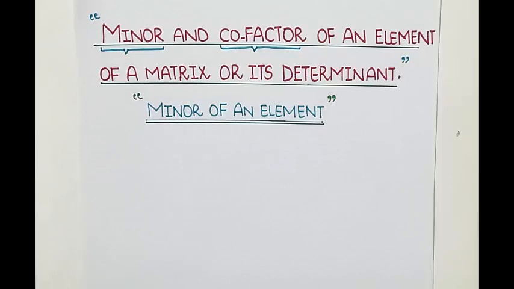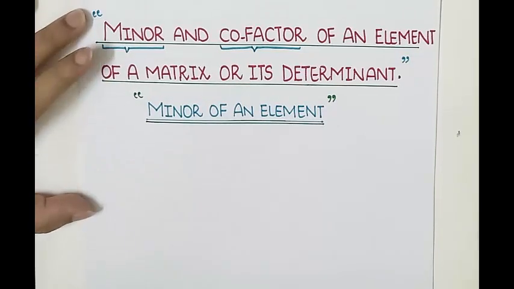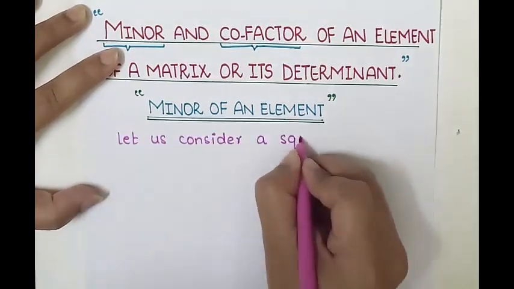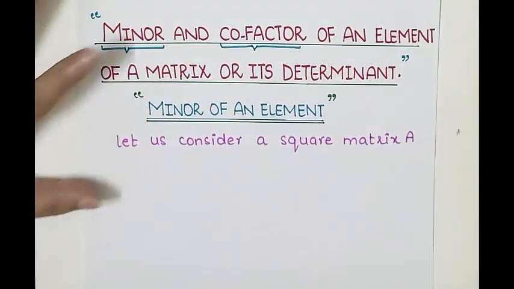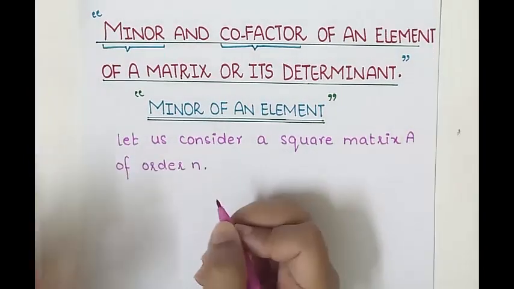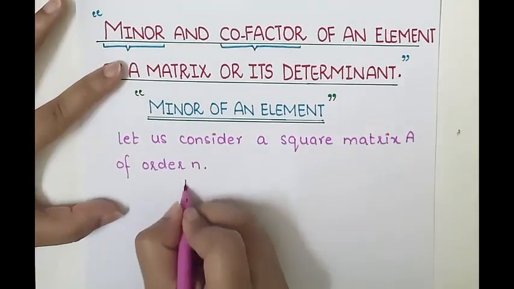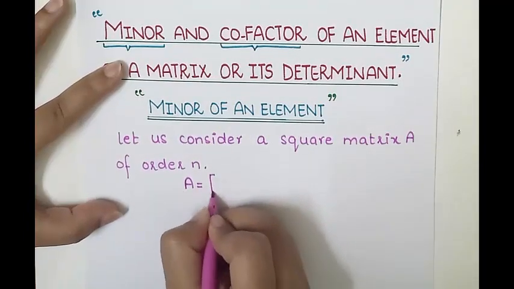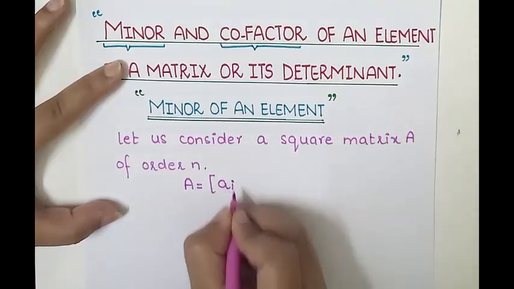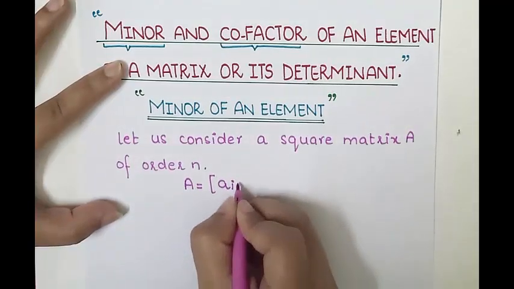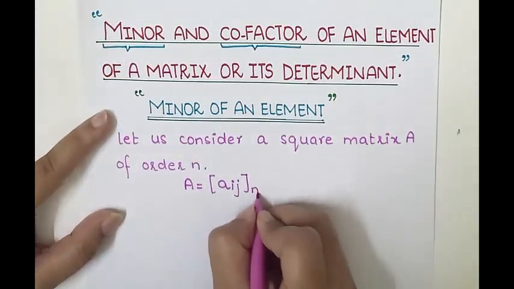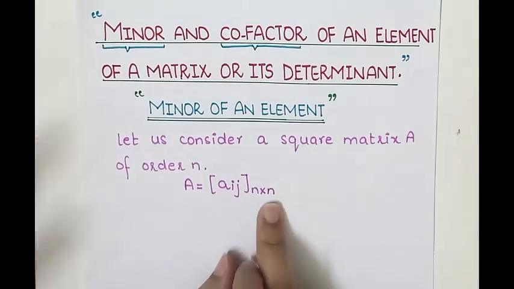Minor of an element. Let us consider a square matrix A, and we suppose the order of A is n. That is, we can write A as the element a_ij in the determinant with ith row and jth column, and the order of the matrix is n cross n.